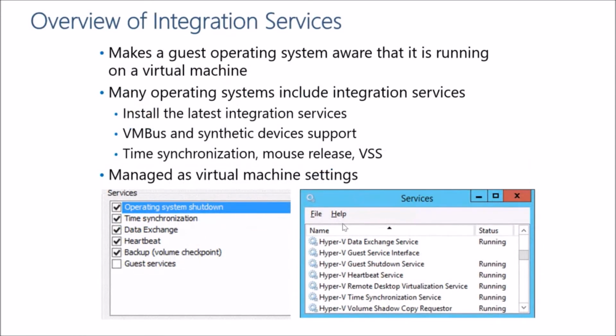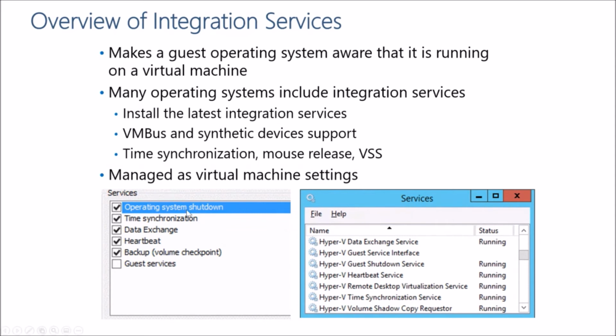Integration services, we mentioned how that was similar to VMware tools, and a lot of things you can take forward, and they are running. So a lot of Hyper-V services are running on your host, guest virtual machine. These things include operating system shutdown. So just like on your VMware, instead of actually going to the console and shutting down, you can just click shutdown, and it'll shut down properly.